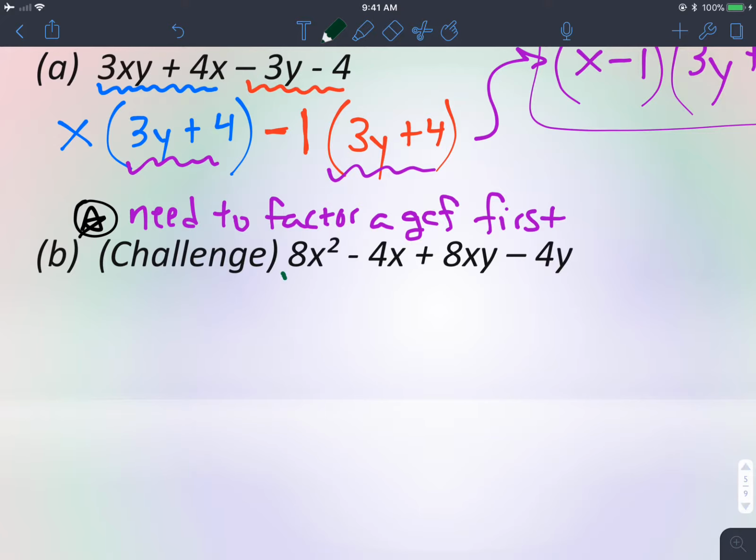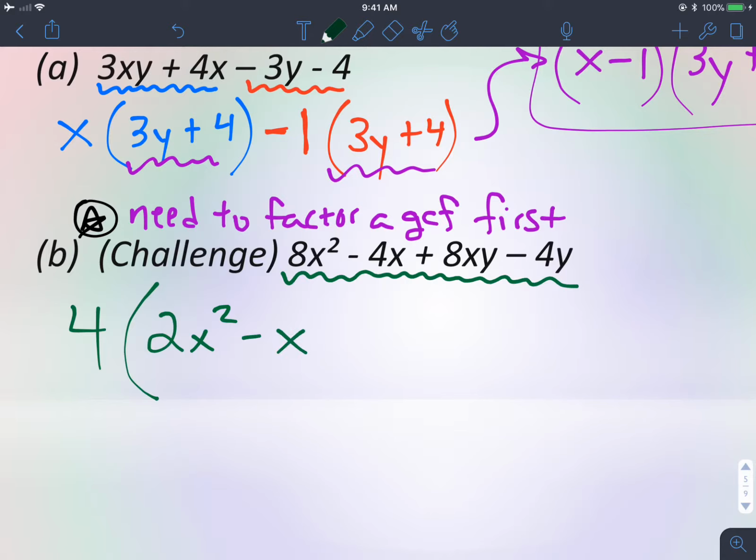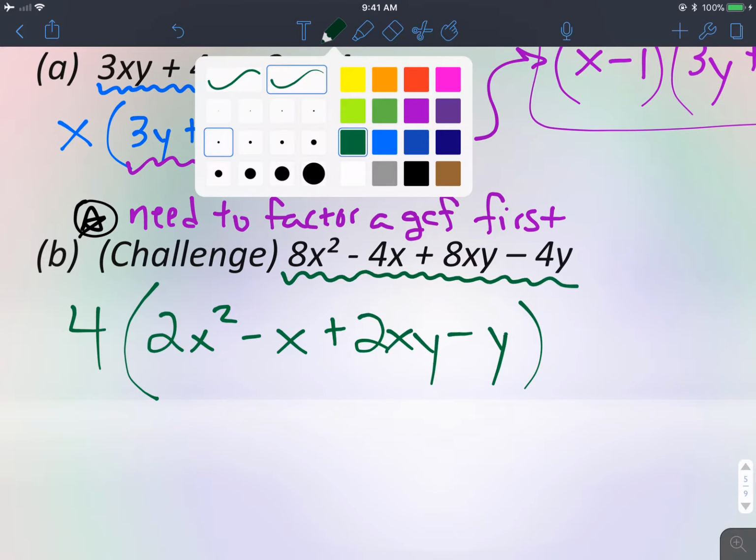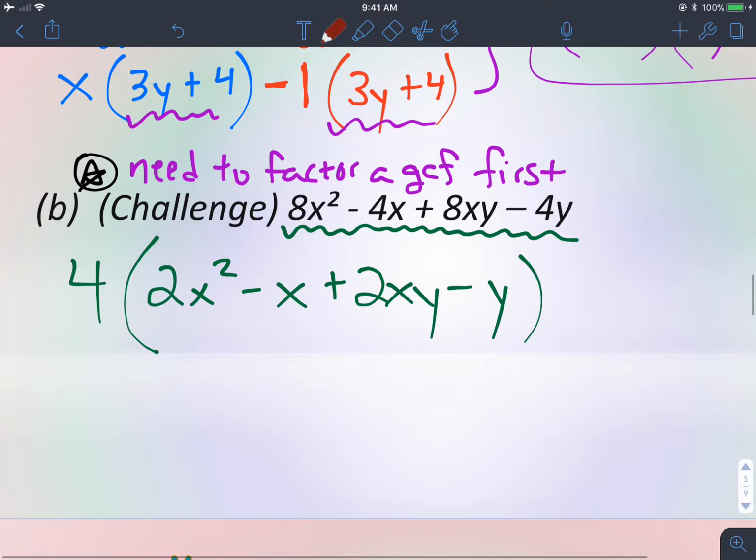So now I see, all right, a green. They have a 4 in common. So now factor out a 4. Right, it took a 4 from everything, right? Now go back to the grouping.